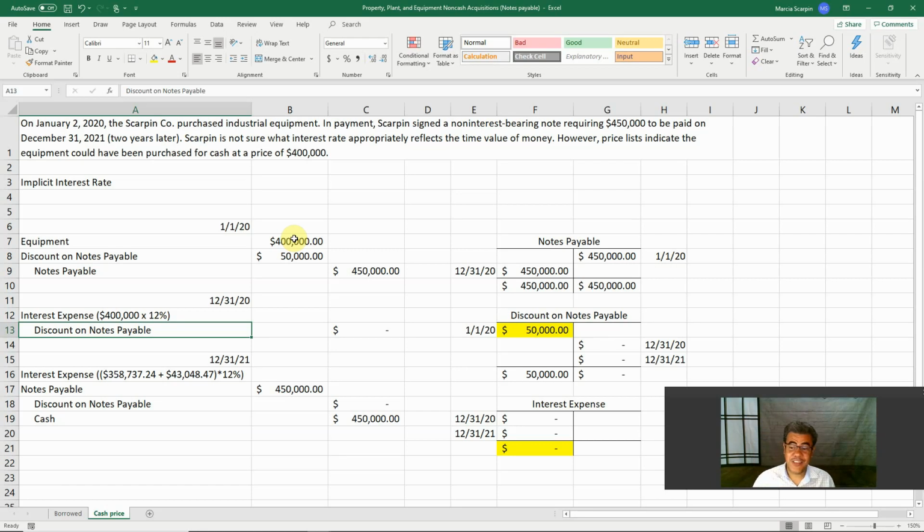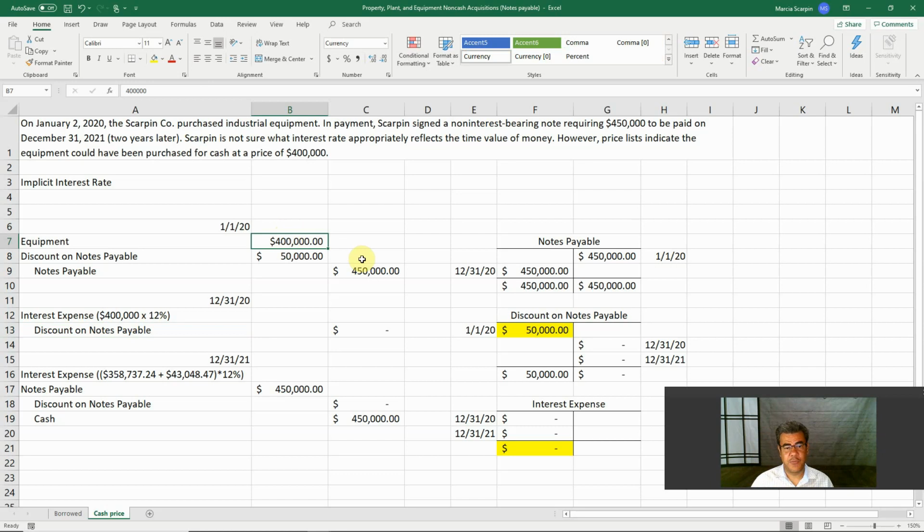So, okay, amortization schedule again, but we need the interest rate. If we have present value 400, future value 450, and the period, we can find our interest rate. How do we do that?